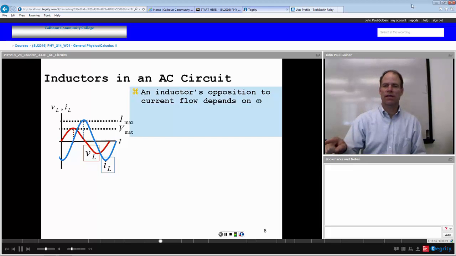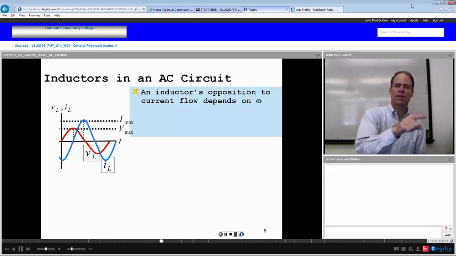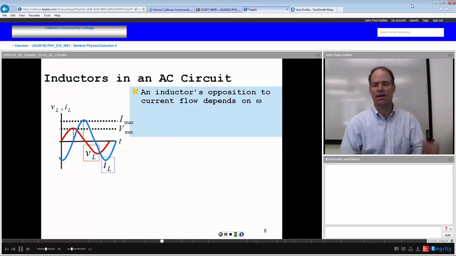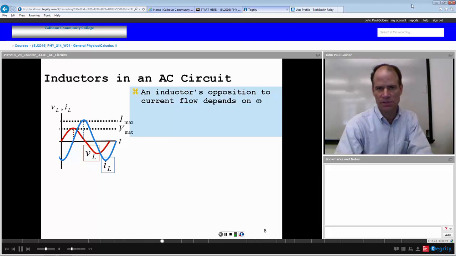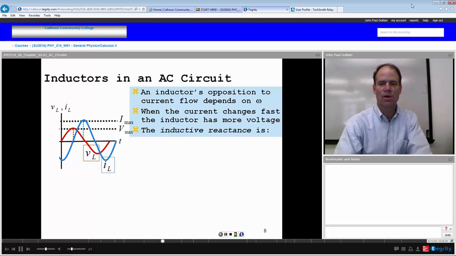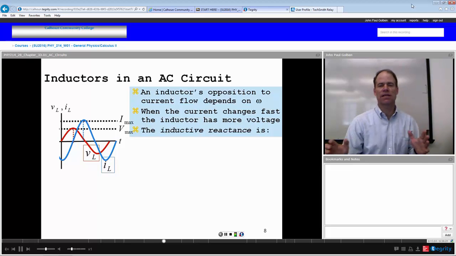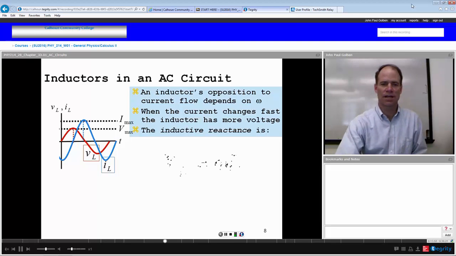Whereas if the angular frequency were small, it might be changing just a little bit like this, and that inductor might not have as much influence on our circuit. We can quantify this by what we call the inductive reactance. It's basically a measure of the inductor's opposition to the flow of current in your circuit. And it looks like this.